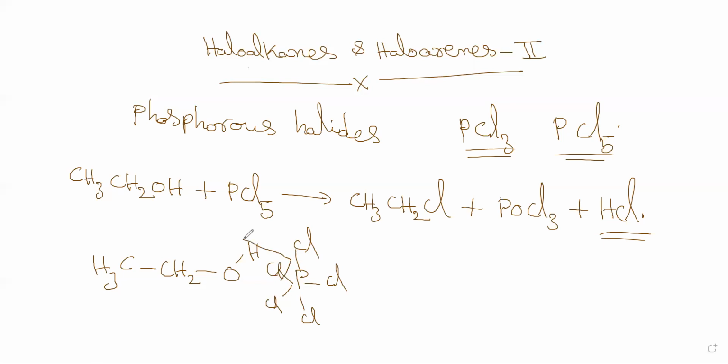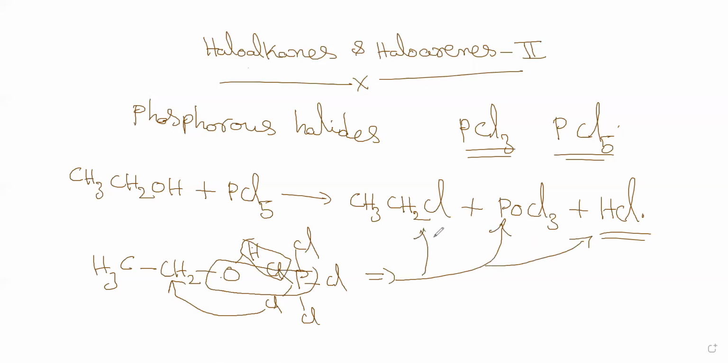So hydrogen will take one chlorine, and this HCl will go off. This phosphorus will take the oxygen, leaving one chlorine to the carbon. It's a very complicated mechanism, but you can understand it like this: one chlorine to carbon, phosphorus will take this oxygen, and this hydrogen will take another chlorine. That way you can remember POCl3, HCl, and CH3CH2Cl.